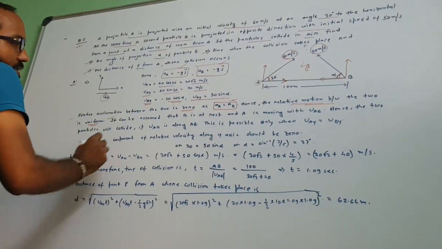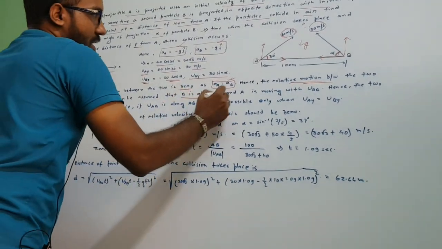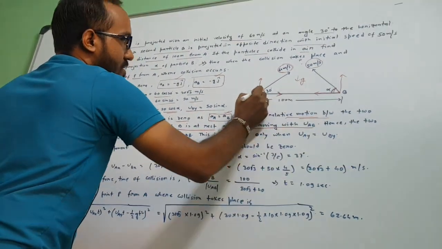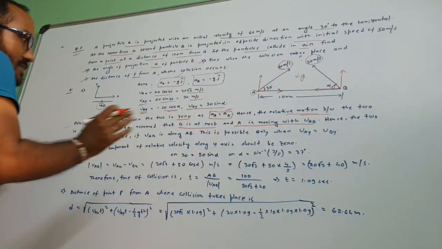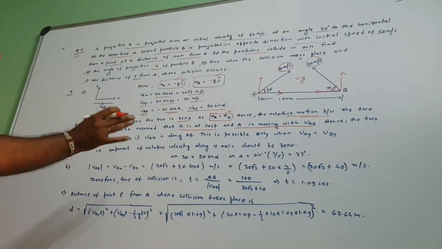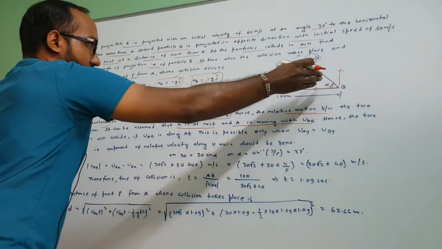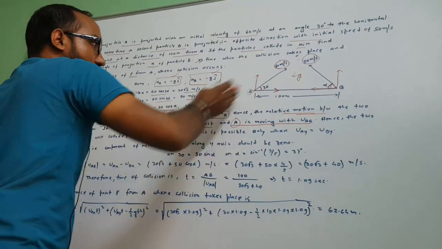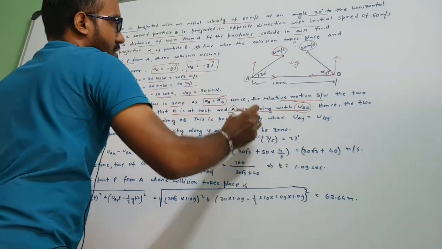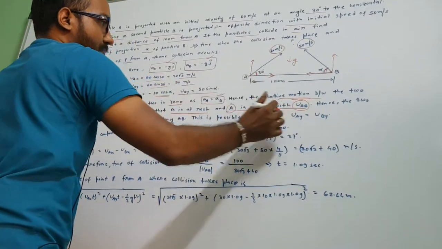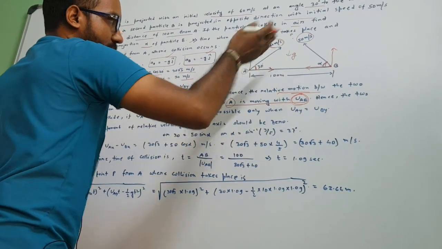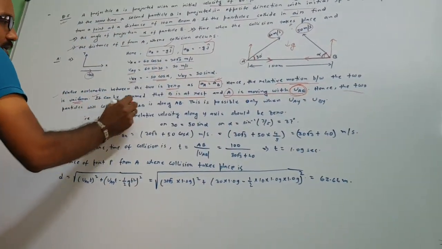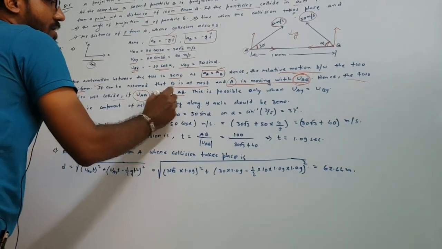So it can be assumed that B is at rest and A is moving with the velocity uab, in the relative direction between A and B. Hence, the two particles will collide if uab is along AB.